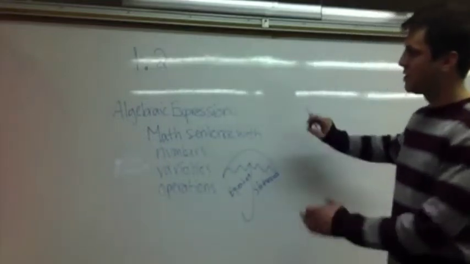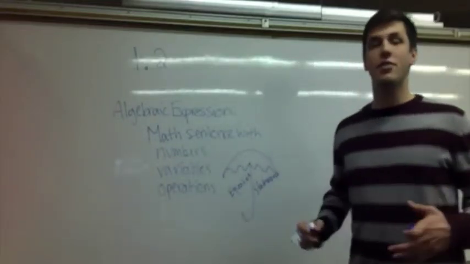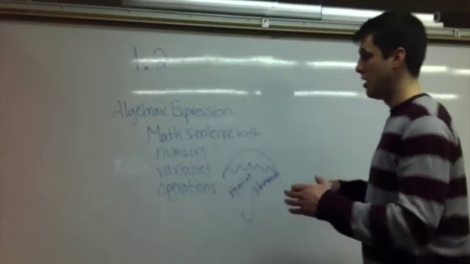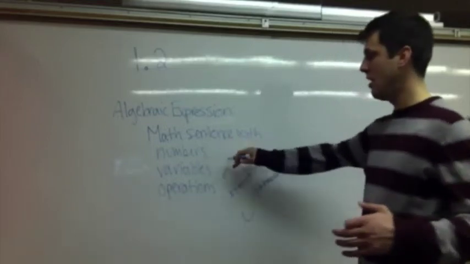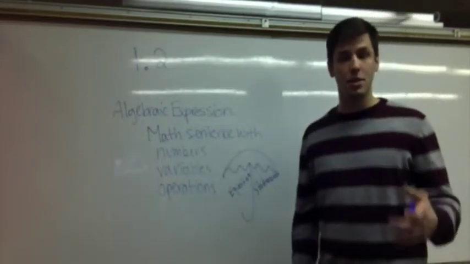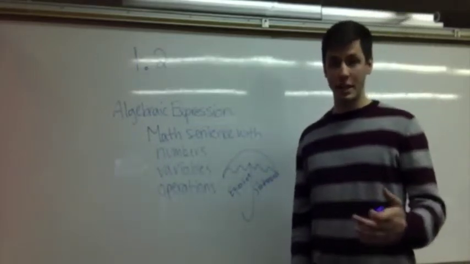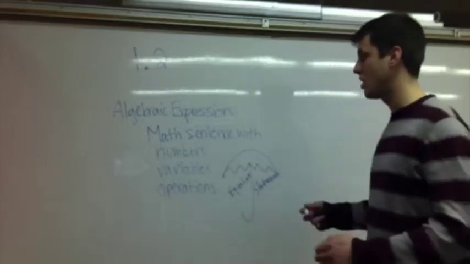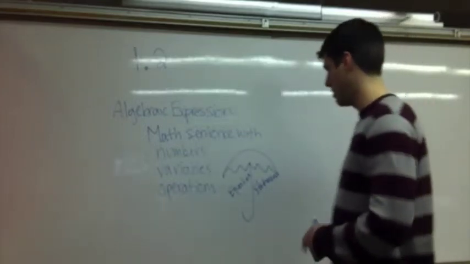And so the algebraic expression is a broad term for whenever you have a math sentence with numbers, variables, and operations, which is like minus, plus, multiplying, divided by, or an equal sign. Those are all examples of operations.